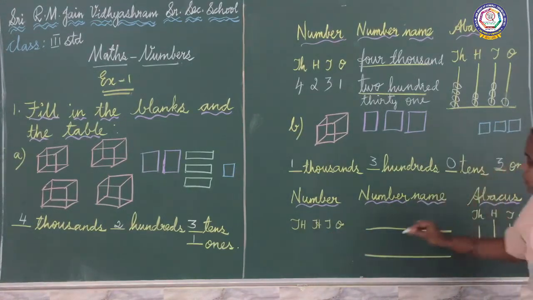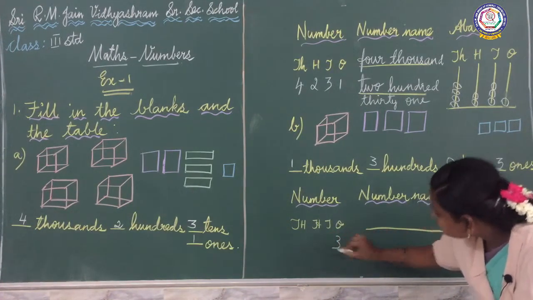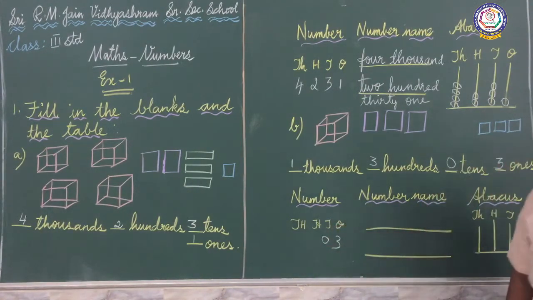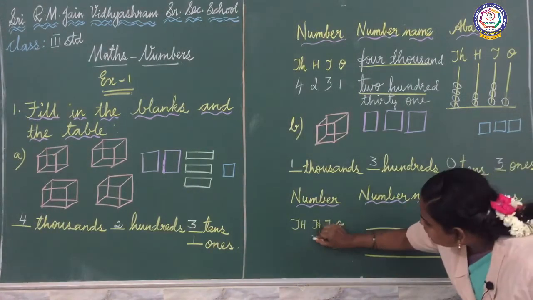So we are going to write the place values. In ones place 3. Next tens place 0. Next hundreds place 3.